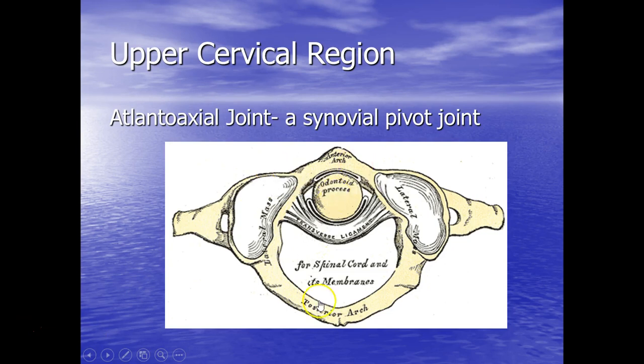So this is a superior view looking down from above on the atlas vertebrae and the odontoid process, which is projecting upwards posterior to the anterior arch of atlas. This is a good illustration of the central synovial joint that forms part of this pivot joint. You can see here the articular cavity between the anterior arch of atlas and the odontoid process.